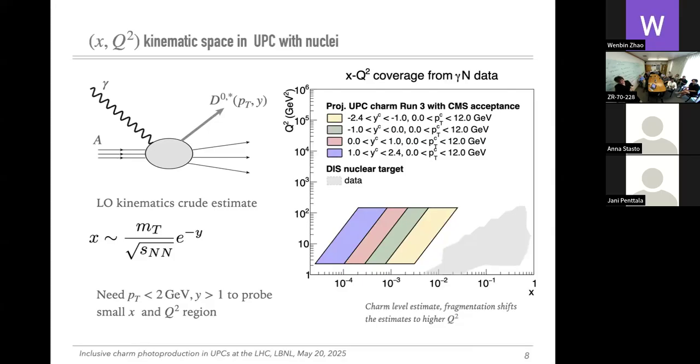Of course, this is a charm-level estimate. Fragmentation shifts the estimates to higher Q squared. So this is very crude, but it gives you some idea where it sits with respect to the DIS nuclear data. Yeah. So this is based on you seeing only the D0. So what do you assume about the D bar? Yeah, so this is why I'm saying this is very crude.